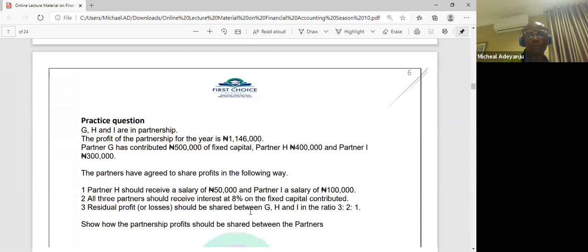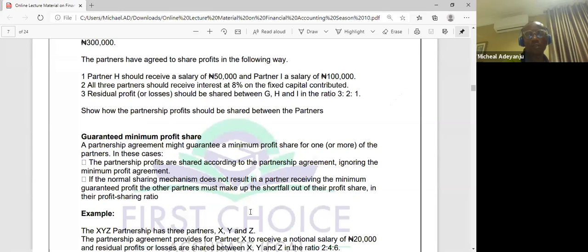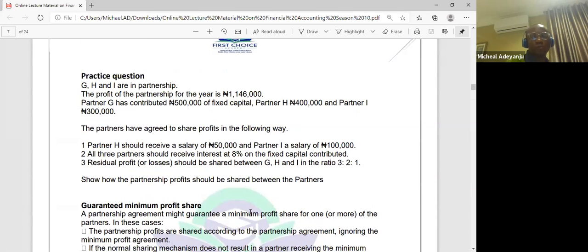So you can look into this question. Practice question for G, H, I, and it is not actually different from the illustration we gave. The profit for the partnership for the year is 1,146,000.